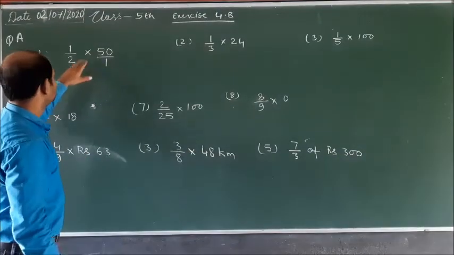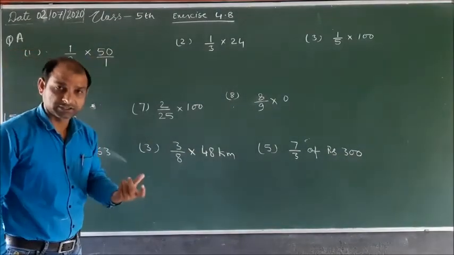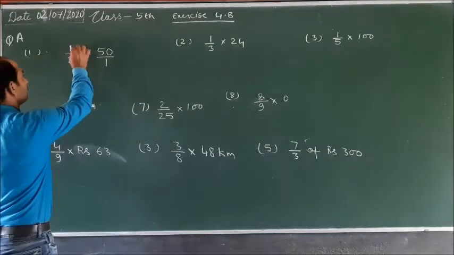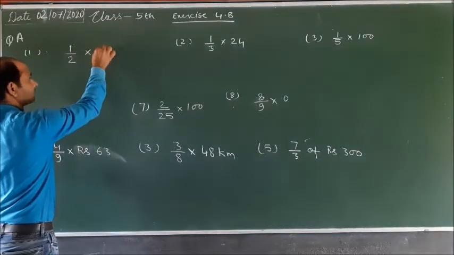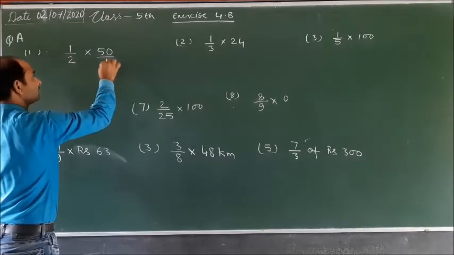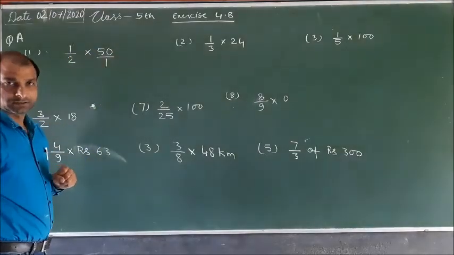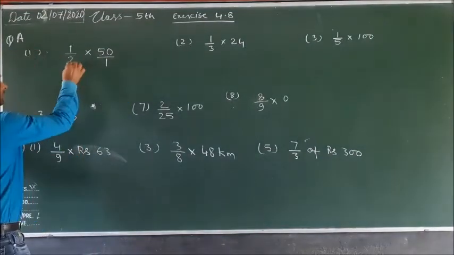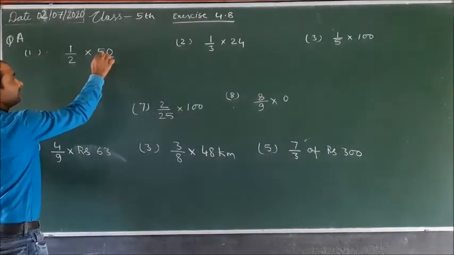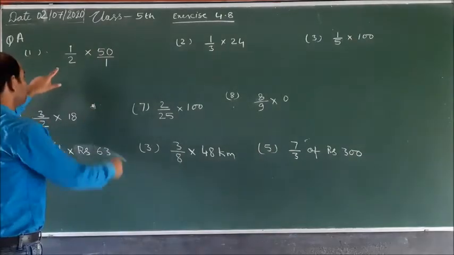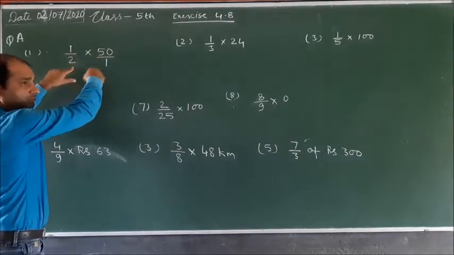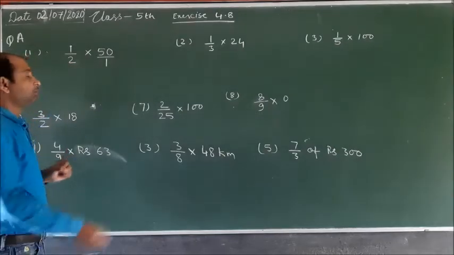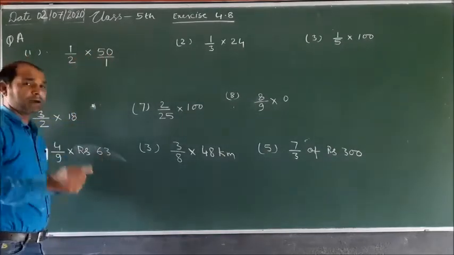Cross, and we cut crosswise, or we can do numerator to numerator and denominator to denominator. Then you can divide. Look here. First, this number is divisible by 2. If you do the cross multiplication, both numbers are divisible by the same number.